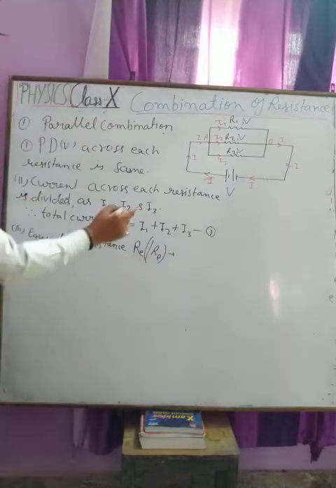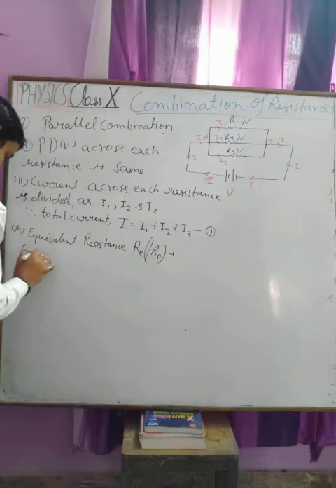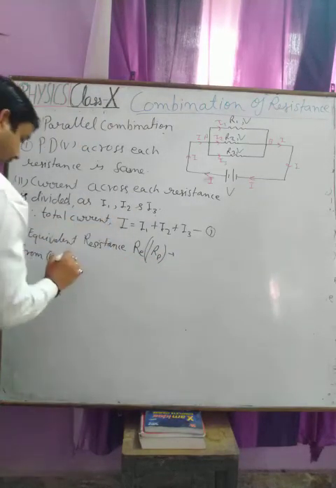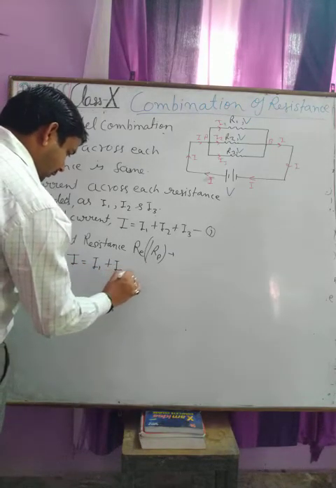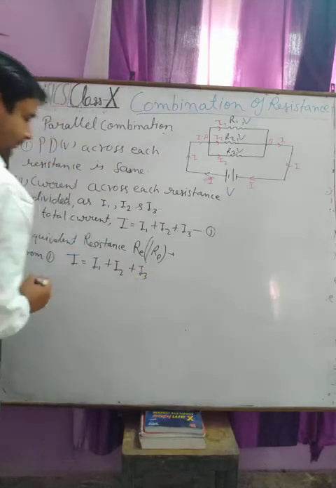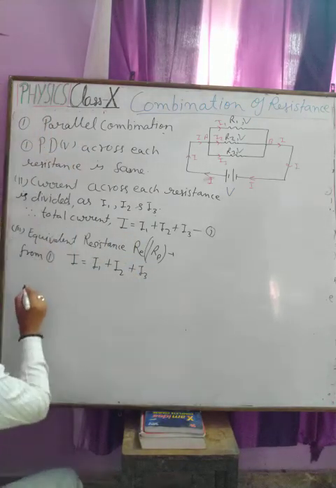ओके, फ्रॉम इक्वेशन फर्स्ट I is equal to I1 plus I2 plus I3.